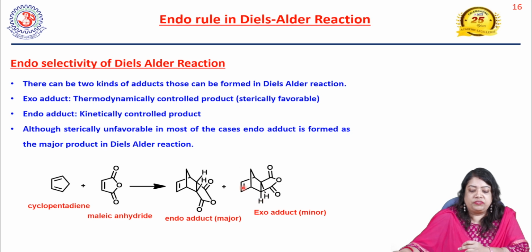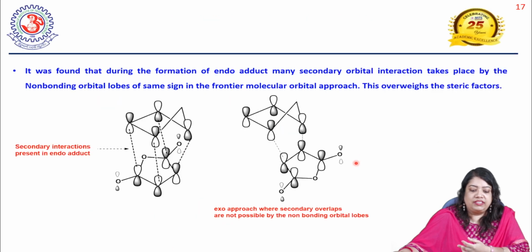And this exo product is free from any kind of steric interactions, and it is thermodynamically stable. That is why we can expect that during the course of the reaction, the exo product will be the major product. But in reality, it is found that the endo adduct is produced in more amount in the Diels-Alder reaction.